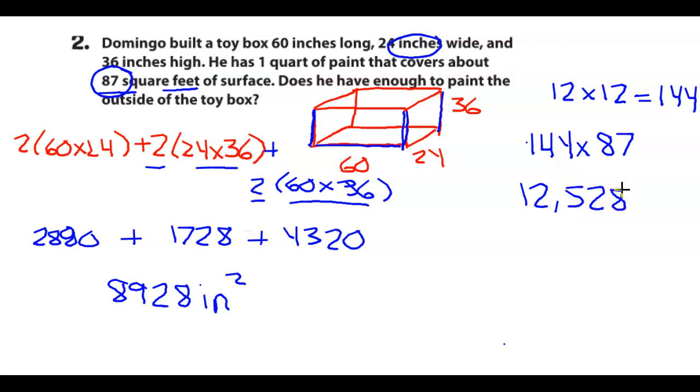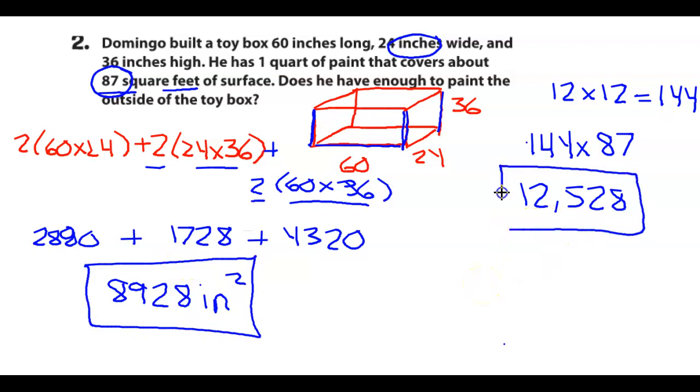So do we have enough paint to paint the outside? Yeah, we do, because we need to paint this much, that's the surface area, and this here is the amount of paint that 1 quart will cover. Okay, I think there's one more, you guys, so let's go ahead and move down to number 3, and then we'll be done with this section.